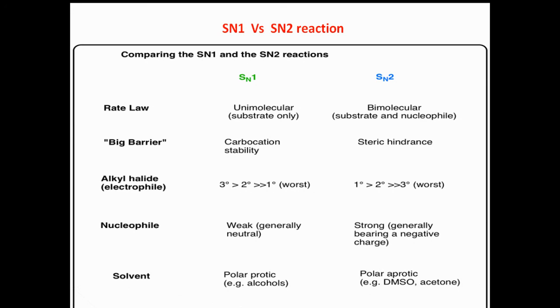So a mixture of retention and inversion is formed in the case of SN1, that is, a racemic mixture is formed. Whereas in SN2, the attack of the nucleophile always takes place from the backside. So the product will be exclusively an inverted product. So these are the differences between SN1 and SN2 reactions.